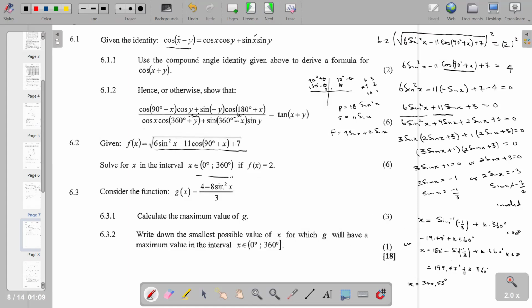Then we go to the other solution. If I put negative, it's going to be outside the range. If I put 0, so our x is equal to 219.47 degrees. Sorry, when we simplify here, it's 219, not 100.